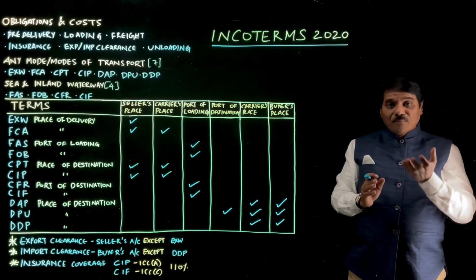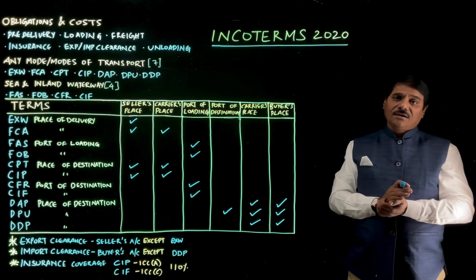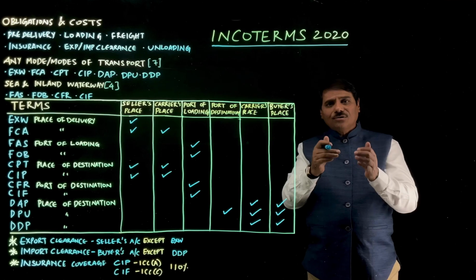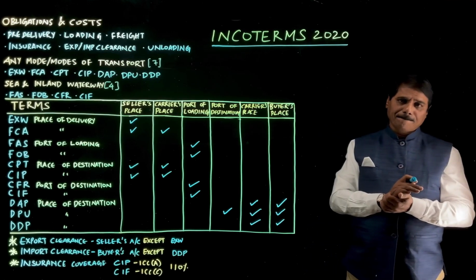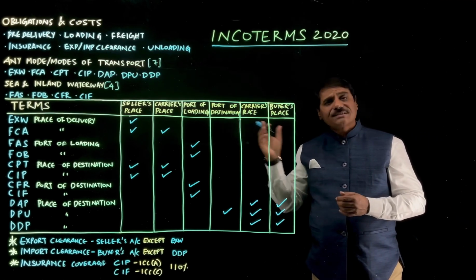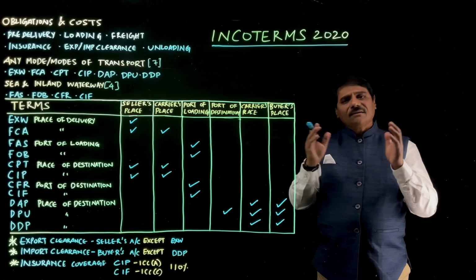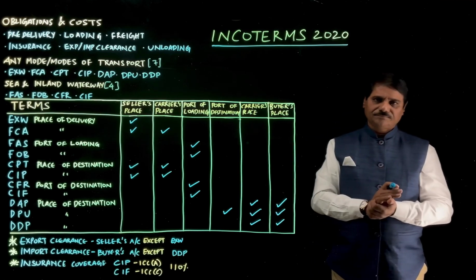It means the buyer should have registration in the seller's country. Then only he can move the goods after clearance from the customs authorities. So that is the reason the application of ex works in international trade is very nominal.